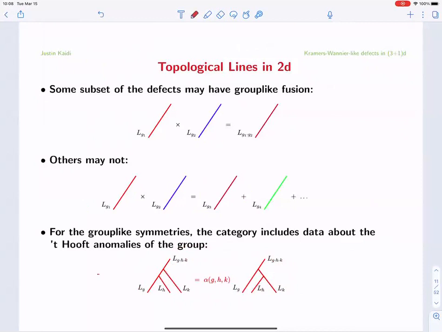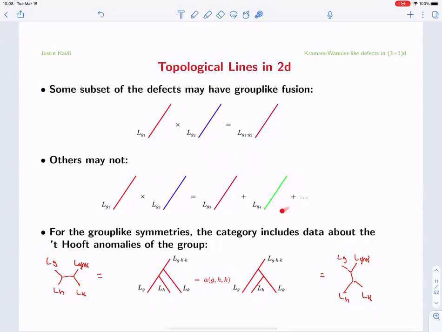Okay, so this might not look like it, but this is just the usual crossing diagram that you're familiar with. I can go ahead and rewrite it in more standard form, something like this. And over here you have L_H. Okay, so this is just a usual crossing equation. And the point is that sometimes when you do this crossing move, you can produce some phase alpha here. And this captures the 't Hooft anomaly of the group. And this is part of the data of the category.